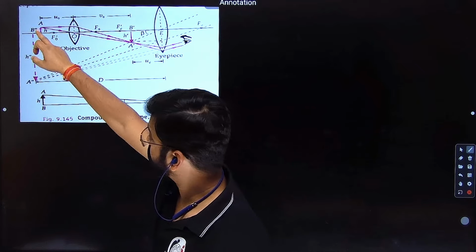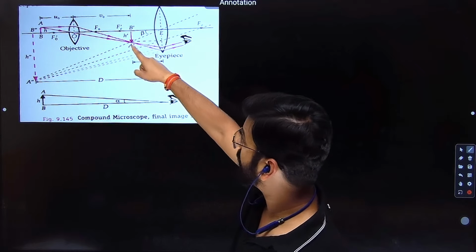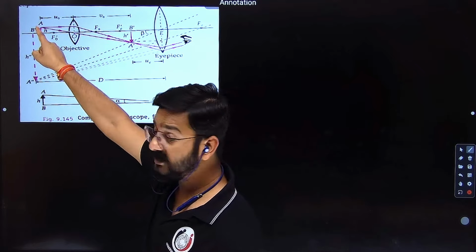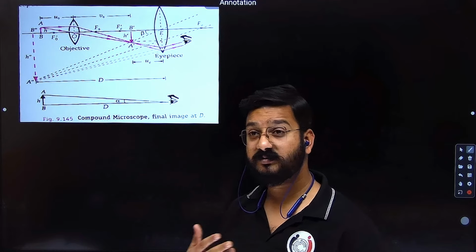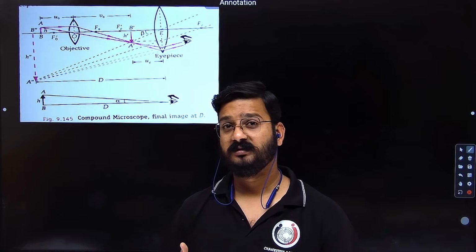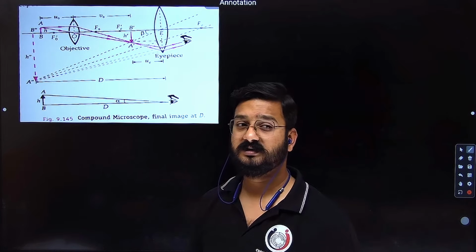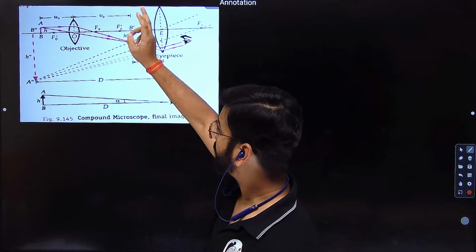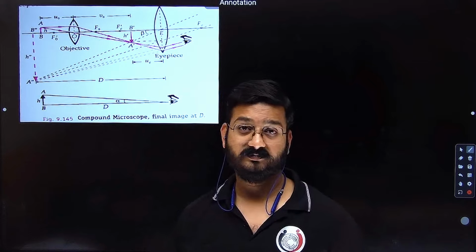See the final magnification: the length of A double dash B double dash as compared to A dash B dash has increased. That is the power of two lenses. First, this lens will magnify, and then the second lens will magnify it further.